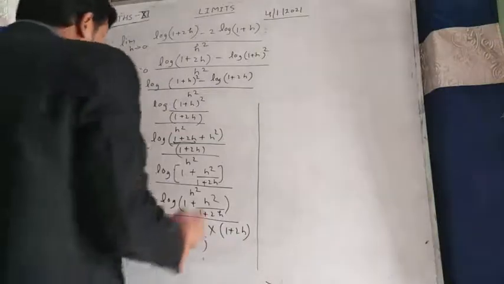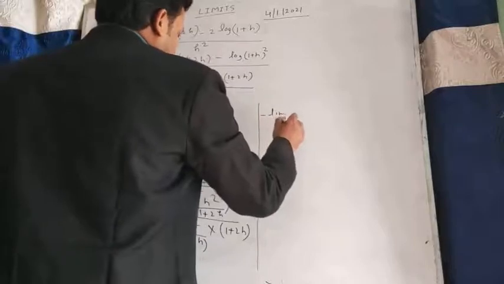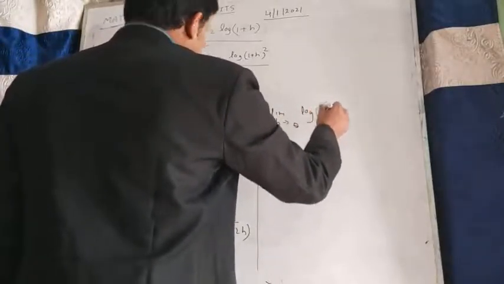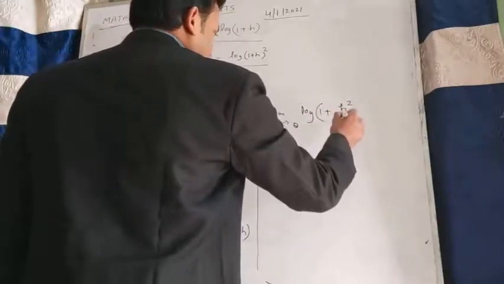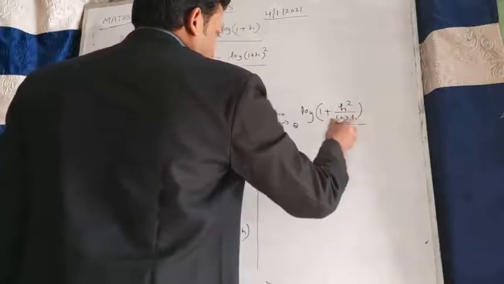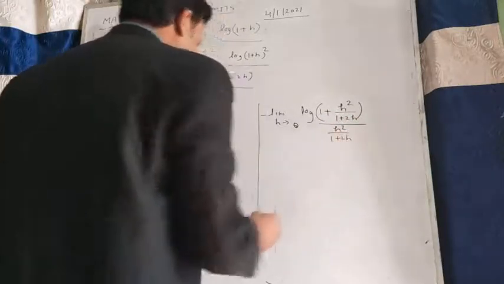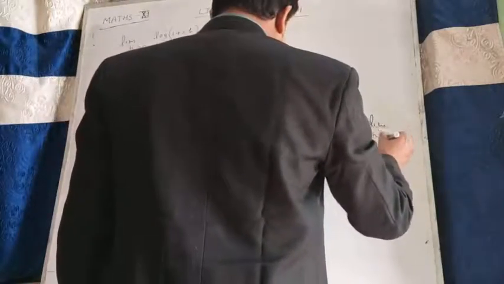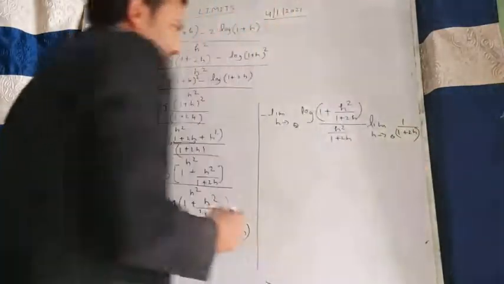Now, students, we are seeing that minus limit h tends to 0 log 1 plus h square by 1 plus 2h by h square by 1 plus 2h, and limit h tends to 0 1 by 1 plus 2h.